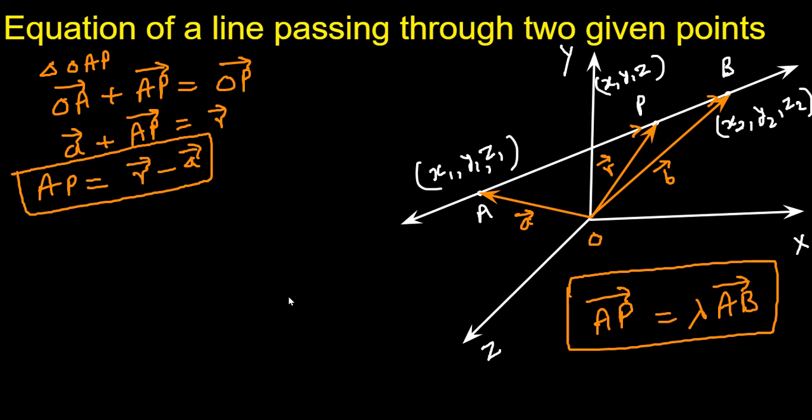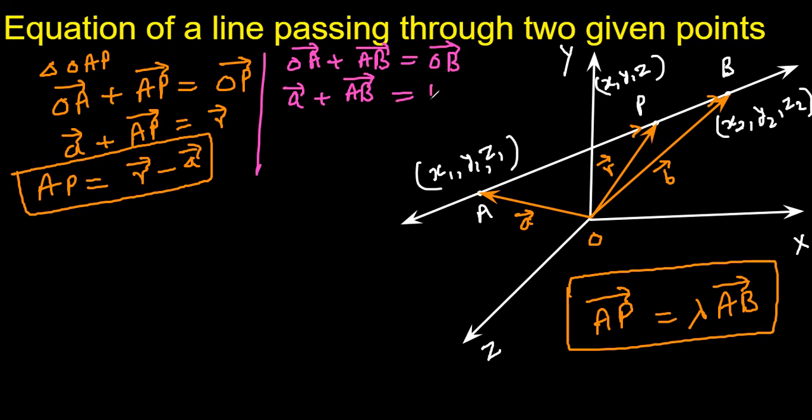In the same manner, we can find the AB vector also. OA vector plus AB vector should give us OB vector. OA is small a vector, plus AB vector is small b vector. That gives AB vector is going to be b vector minus a vector.